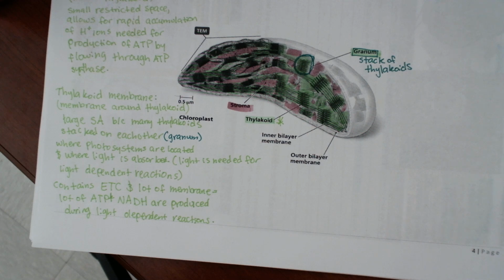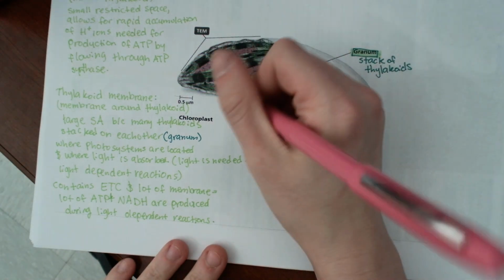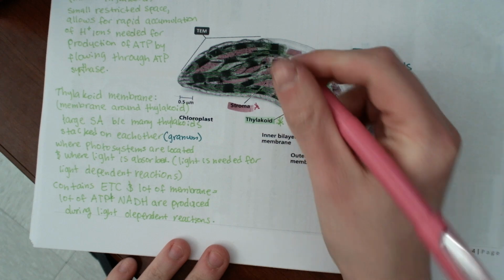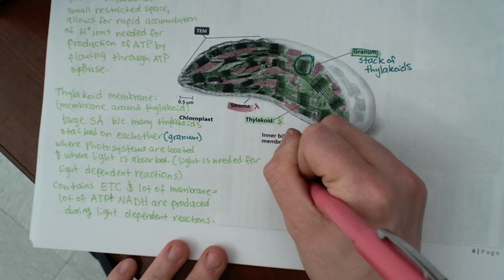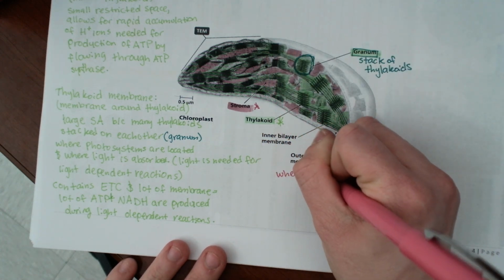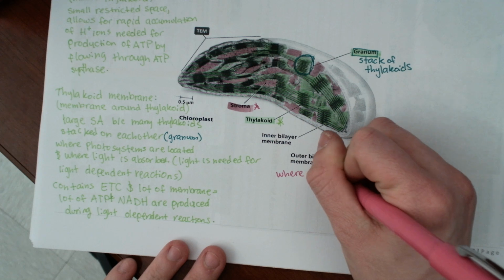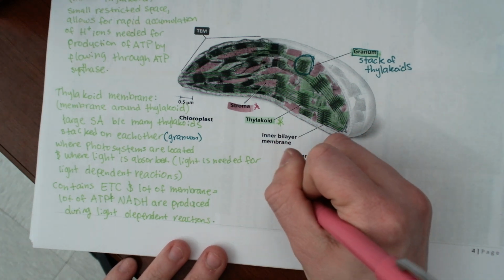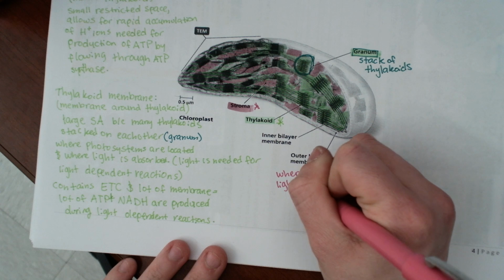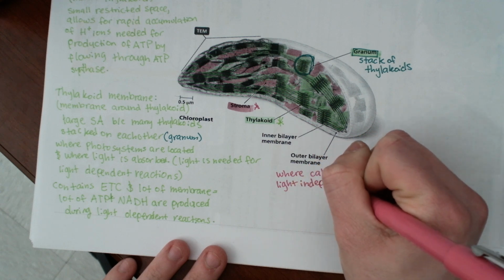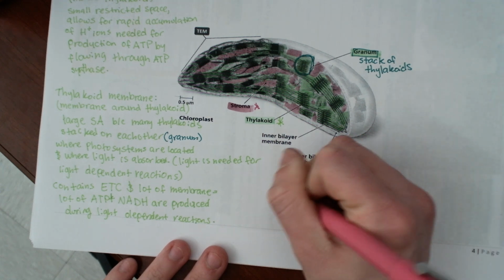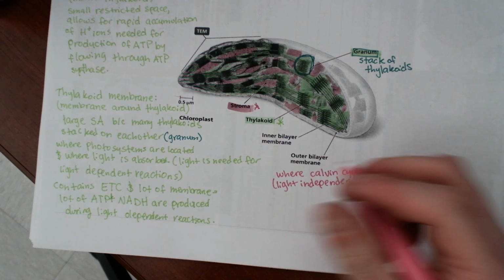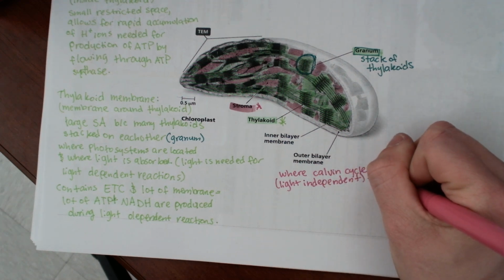So your stroma is where your Calvin cycle takes place, where your light independent reaction takes place.